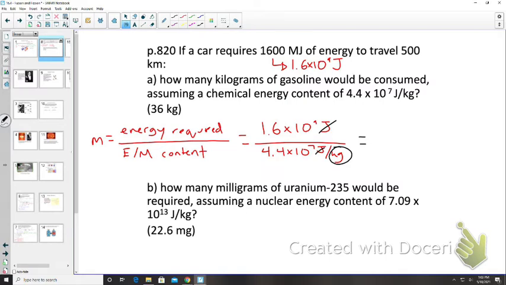So we know that we need 36.36 repeating kilograms of gas to allow us to travel a distance which requires 1600 megajoules of energy. So mass would be 36 kilograms of gas.